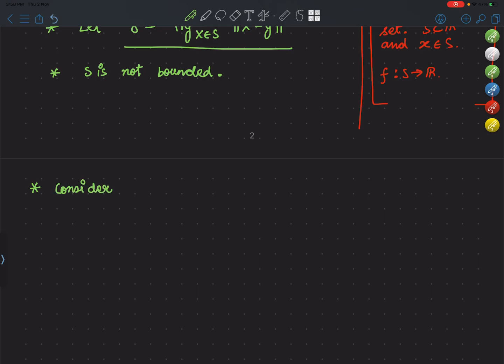So we consider a different subset of S. Consider the set S intersection the ball centered at y of radius 2 delta. Basically, if delta is the minimum distance of y from set S, then we take 2 delta.